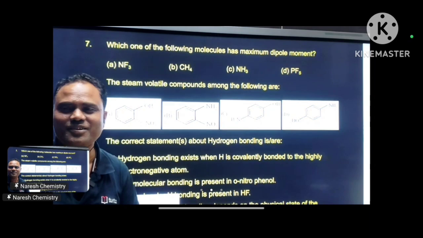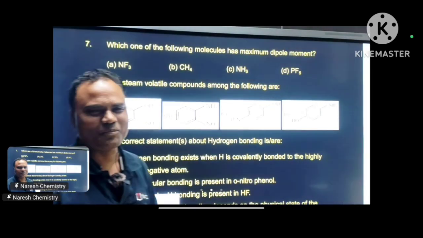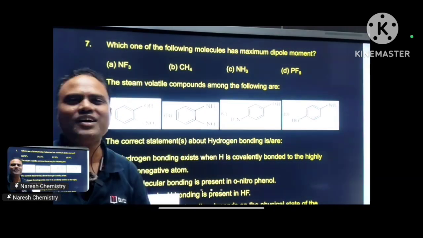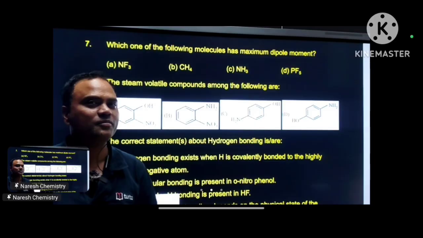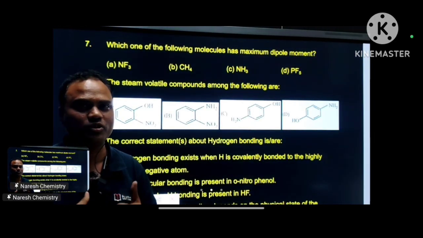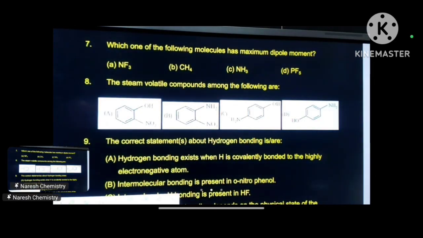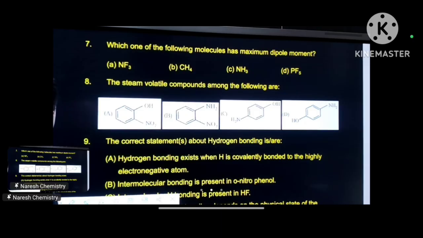CH4 is having zero dipole moment, and PF5 also having zero dipole moment. Right? Very, very important. Why PF5 is having zero dipole moment?